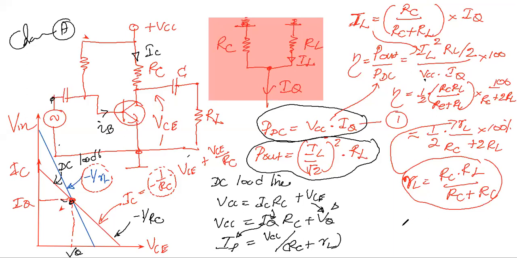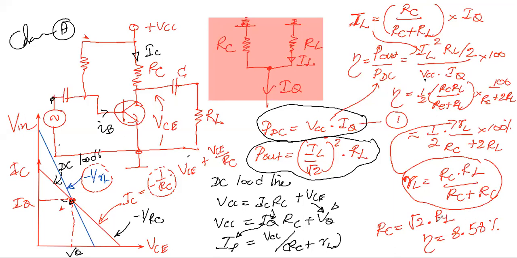For example, if you substitute RC equal root 2 into RL, then your eta becomes, just solve this one, around 8.58 or something. So substitute that one.